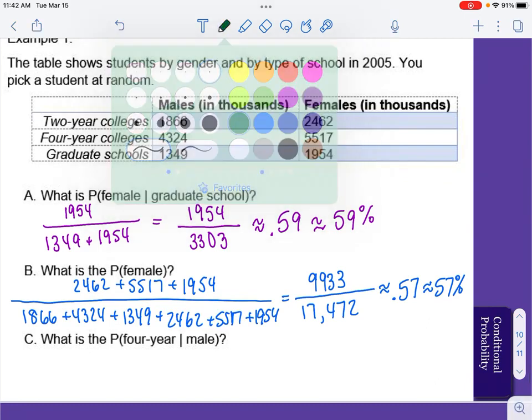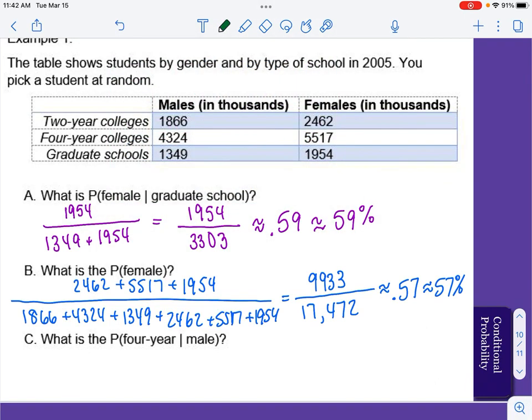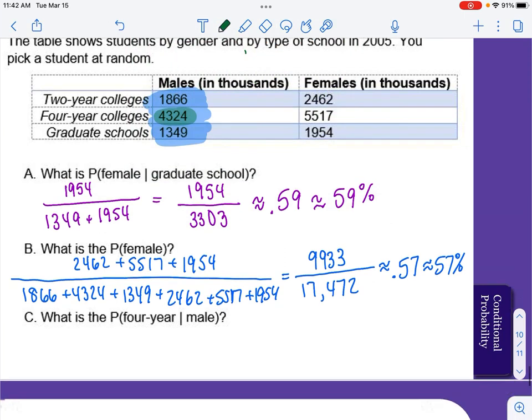Now, this next one asks us what is the probability that a student is 4 years given that they are male. So you're going to look specifically in the male category. And then on your numerator, you will be looking at 4-year students.